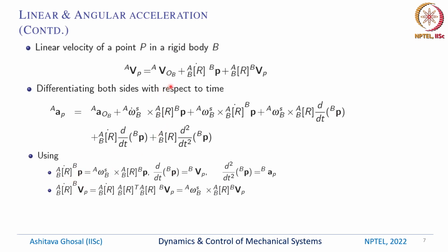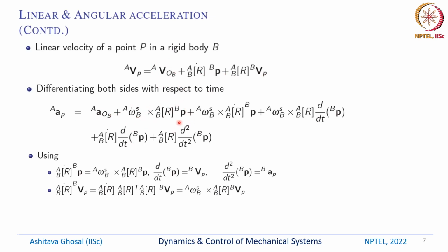Okay, so once more, the derivative of the left hand side AVP will give you the acceleration of the point in the A coordinate system. The derivative of the origin will give you the acceleration of the origin, and then from these 2 terms we have something which is alpha times some distance.